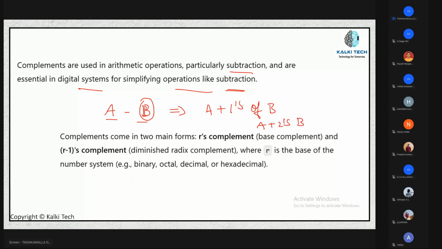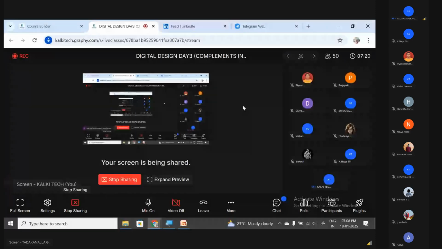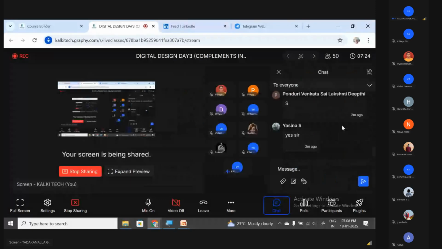So instead of subtracting the numbers directly, you add them with the help of complements. Is it clear? The basic use case of complements, is it clear? Yes, everyone, is it clear?